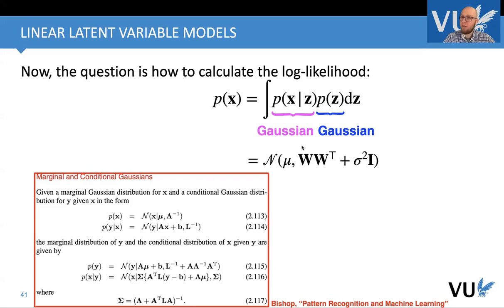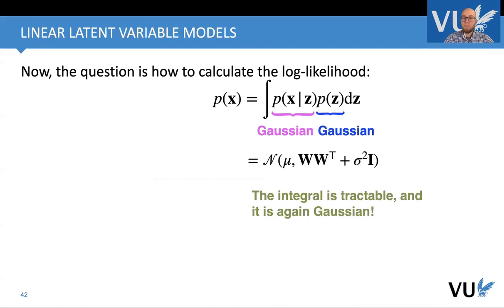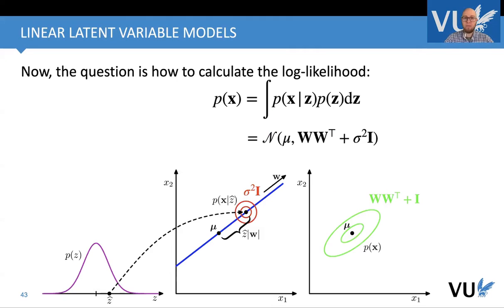We have a full covariance matrix, and it's determined by this linear transformation, this matrix W. And voila, we have a tractable integral. We can calculate it analytically. And now taking the logarithm of p of x is taking the logarithm of a Gaussian, which is tractable, and we can calculate it.